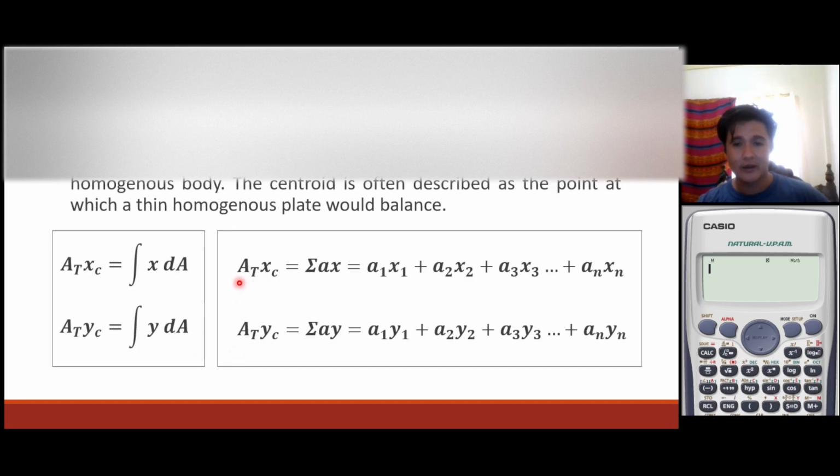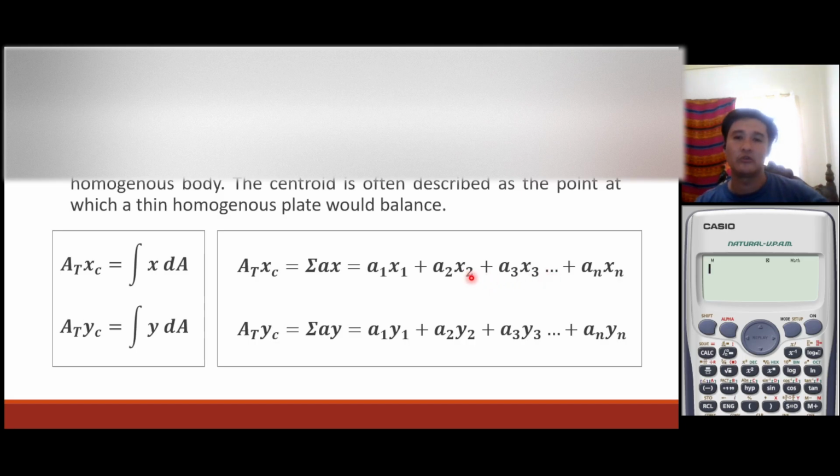So, the more expanded version ng equation for centroid, that is equal to yung total area times yung x distance ng centroid ng ating total area, that is just equal to yung summation ng product ng individual areas and x distances ng centroid ng mga respective areas na yun. Yung mga components yan. So, A1x1 plus A2x2 plus A3x3.